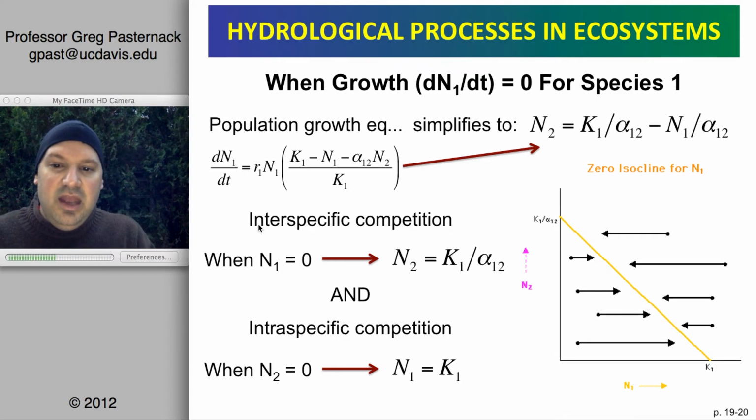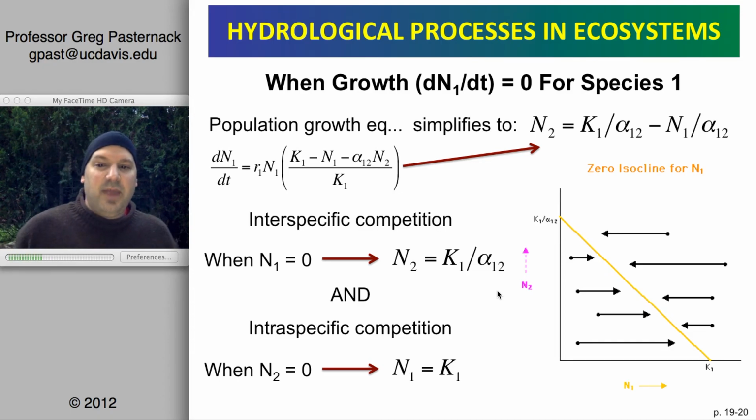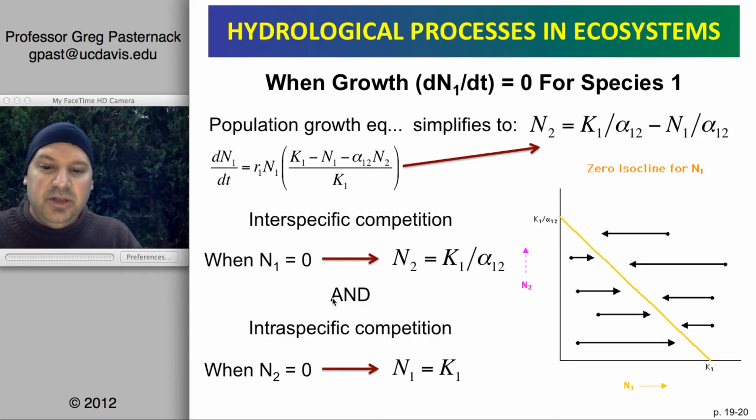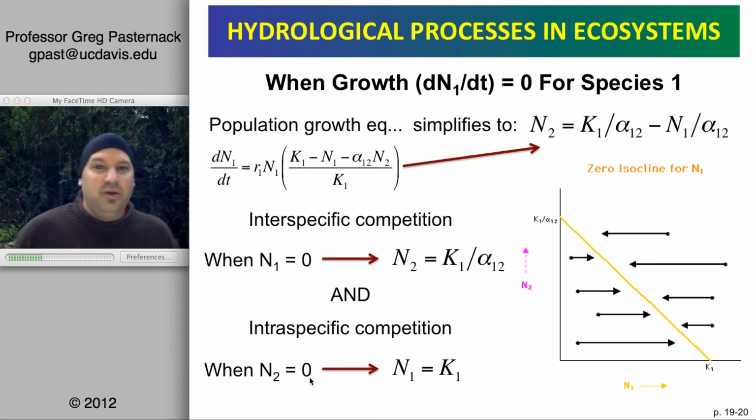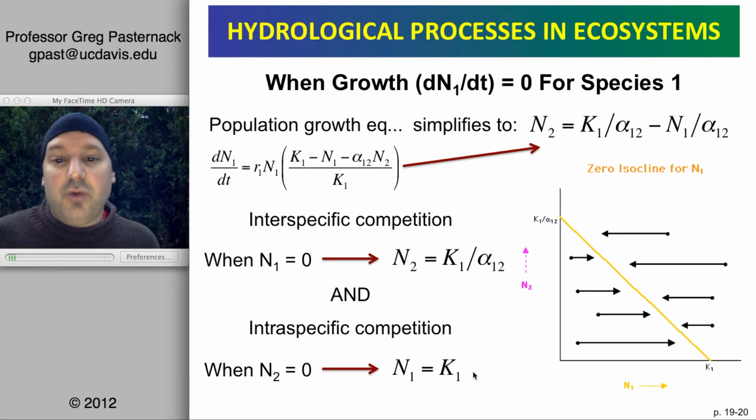So in a case where I set the population size of N1 to 0, then the size of N2 is going to be given by this factor here. So that would be what happens when we have interspecific competition. With intraspecific competition, so now I'm going to set N2 equals 0, so N2, the second population, isn't affecting it, then N1 can basically just grow to its carrying capacity.